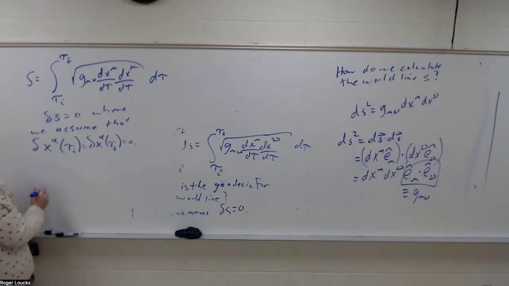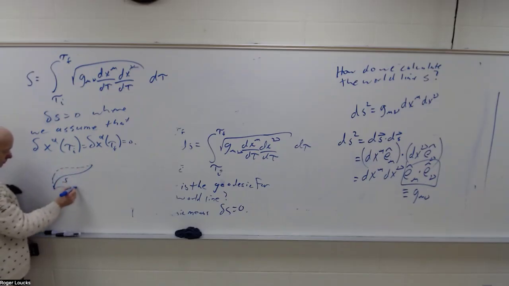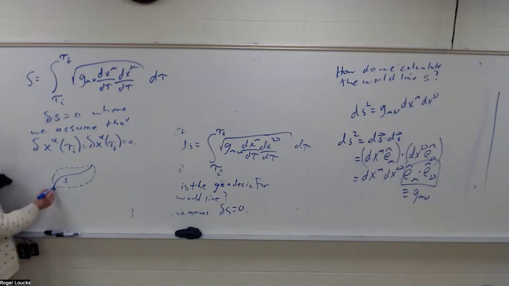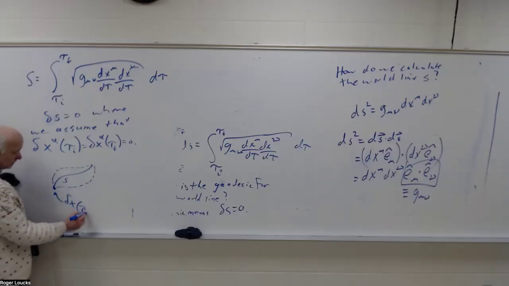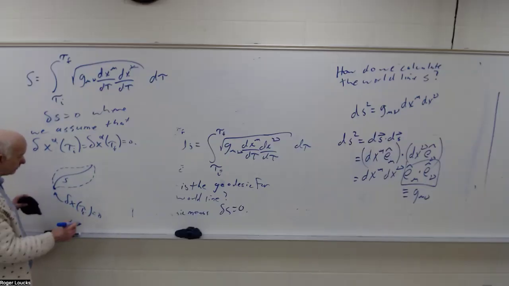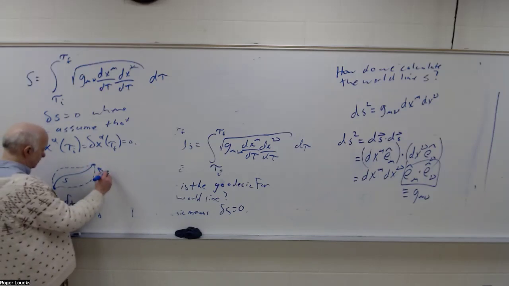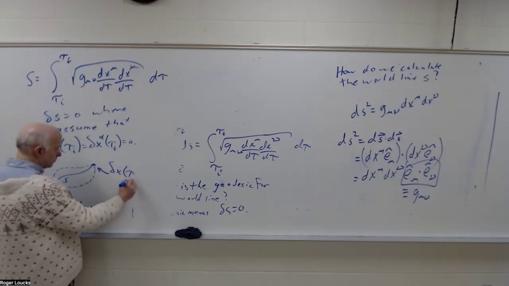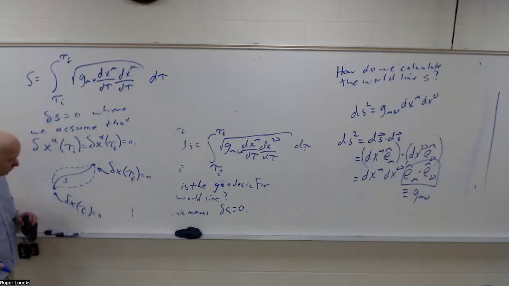In other words, it's just like when we did Lagrange's equations. We assume that right here. This is my delta x here, at t initial it is 0, for any of the components. And this one here is 0 too.